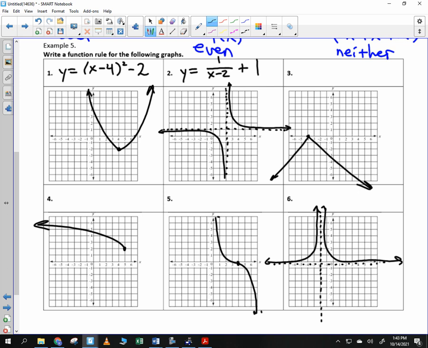I heard my good friend Avery speak about absolute value here. Do you have the answer, Avery? Negative on the outside, how come? Because it's flipped upside down. And if it's shifted to the left 4, what are we going to have? x plus 4.